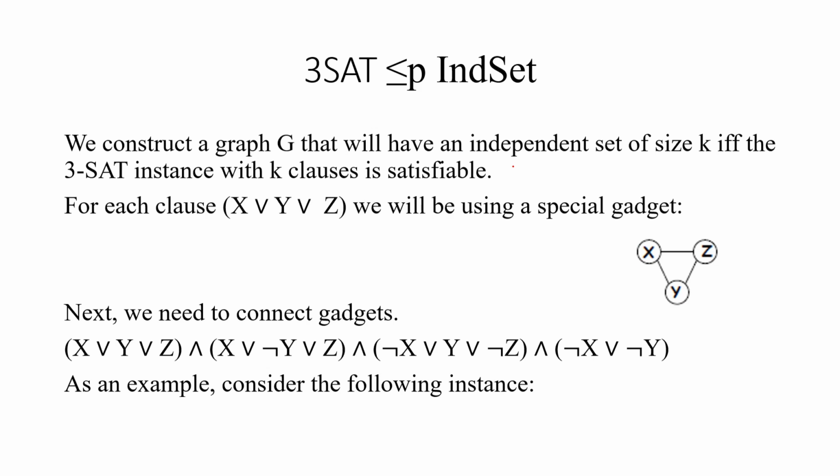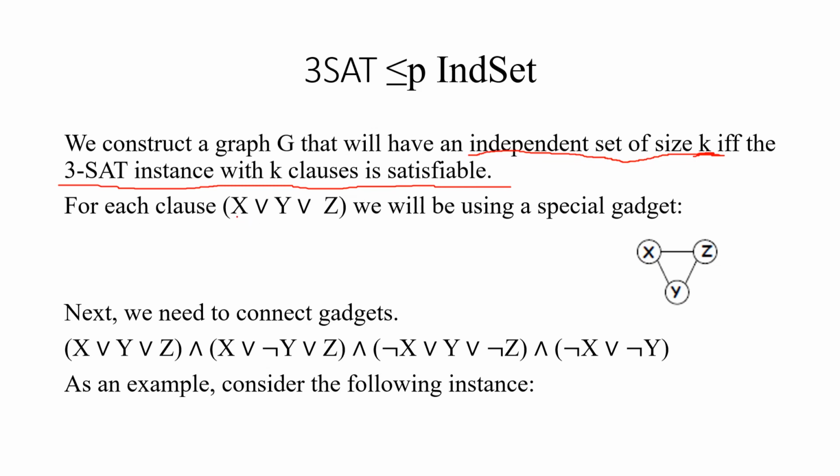Do we have an independent set of size k? Can we get an independent set of size k? For that problem, we can say yes or no, and we will have an independent set of size k if and only if the 3 SAT instance with k clauses is satisfiable.